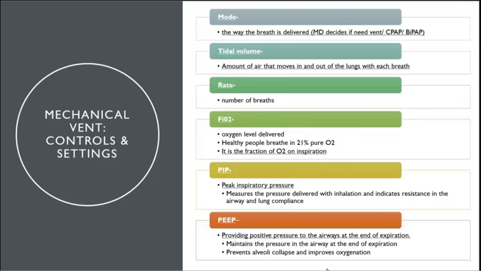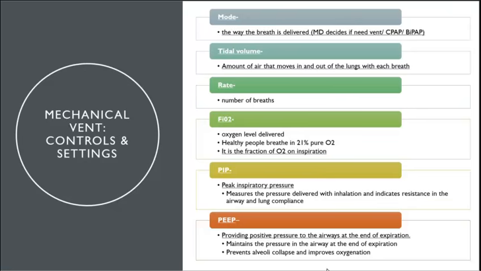Now your controls and settings: mode, tidal volume, rate, FiO2, your PIP, and your PEEP. Your mode is the way the breath is delivered. The doctor is the one that decides that. Remember, your SIMV can be put in a CPAP mode. Your doctor is going to decide that.